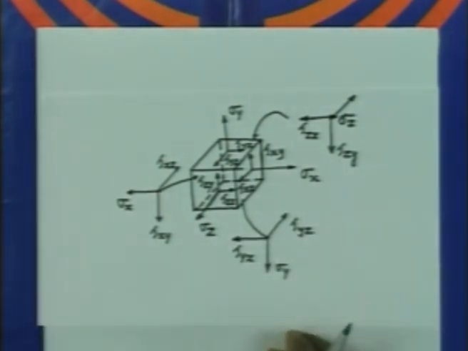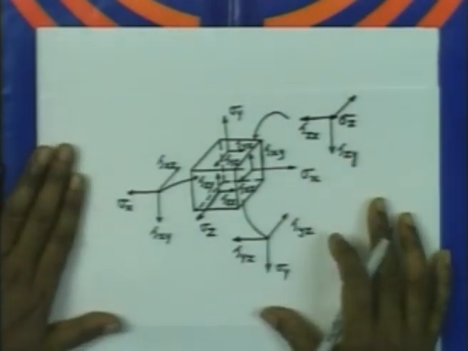So that's how you are going to get the stresses coming up on all the 6 faces, and under the action of these stresses the body is in equilibrium. So therefore this is how the stresses are acting at a point in the body under external loading in 3 dimensions. So you see that there are 9 components of stresses to define the state of stress at a point in 3 dimensions.